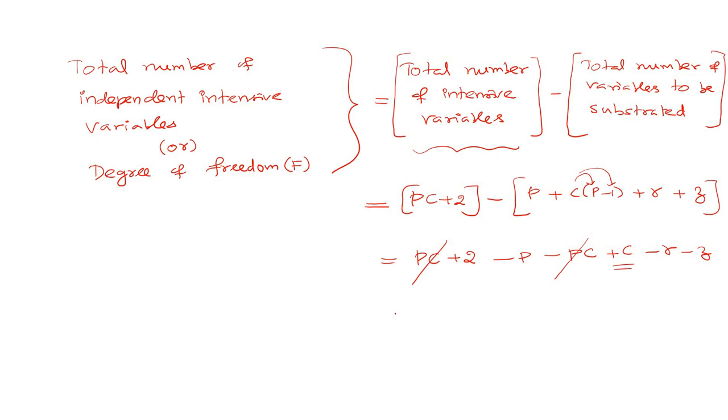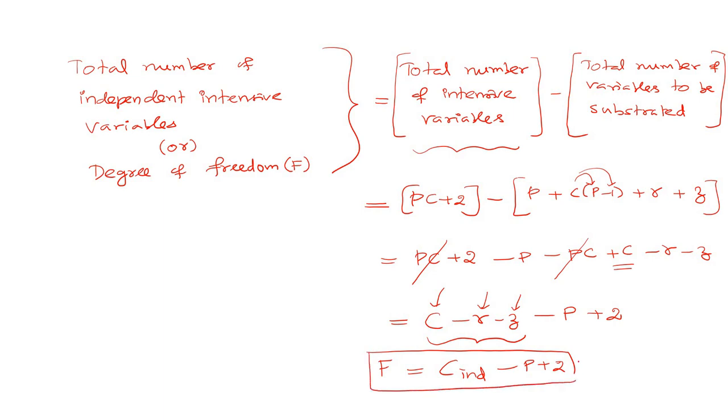So I'll write C first: C minus R minus Z minus P plus 2. Here C is the actual number of constituents present, R is the number of chemical equilibrium reactions, and Z is the number of additional conditions. I am going to call C minus R minus Z as C independent, minus P plus 2.